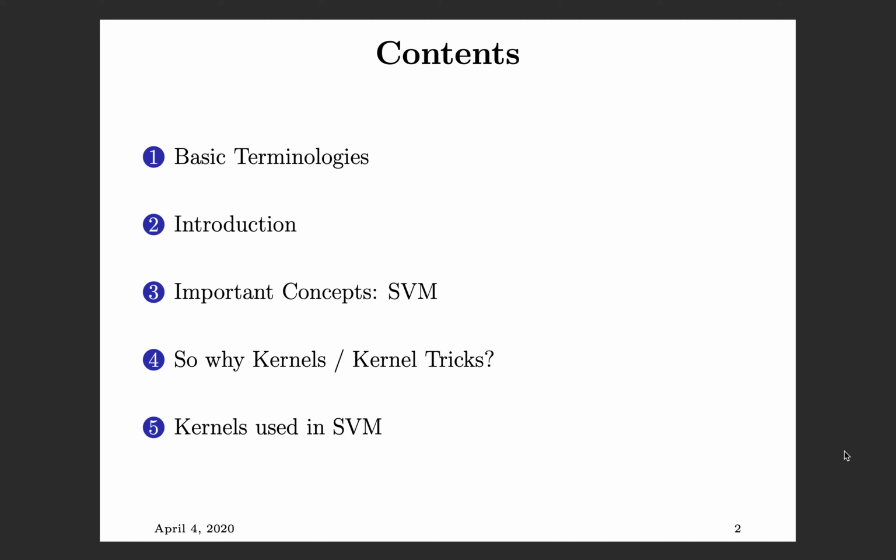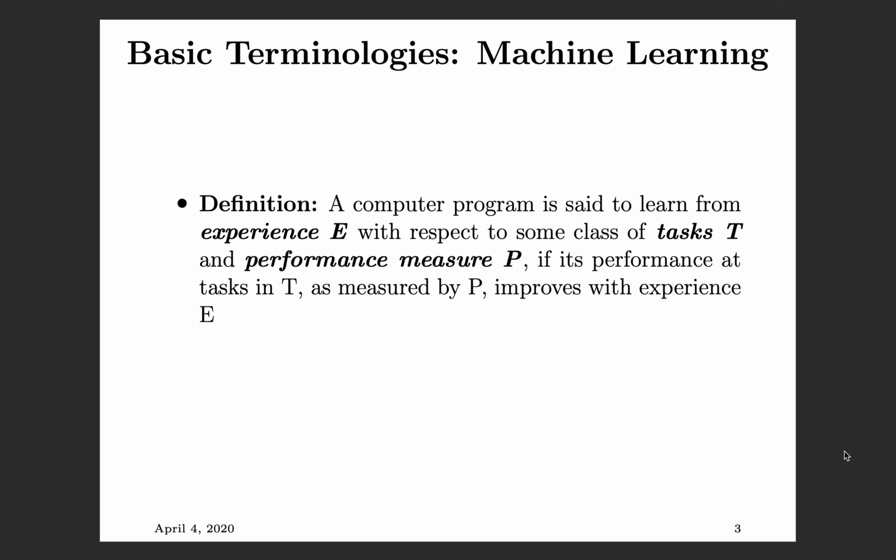Then the most important part is the kernels, because kernels play a vital role in SVM. Then which are the different types of kernels used in SVM? Basically, this SVM will take 4 to 5 lectures to cover. So in this first lecture, we are focusing on the main terminologies, that is basics, which will be useful in the next lecture. So first, what is machine learning?